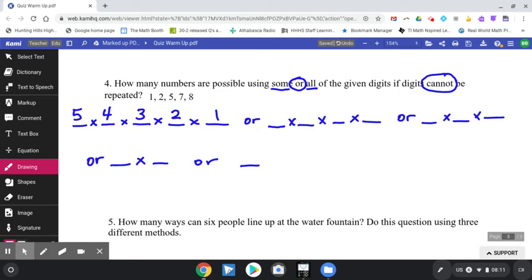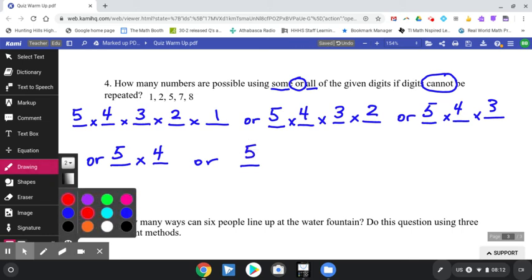My first digit, there's 5 numbers available. Then 4, 3, and 2. If I'm using 3 digits, it'd be 5, 4, 3. 2 digits would be 5 times 4, and 1 digit would be 5.